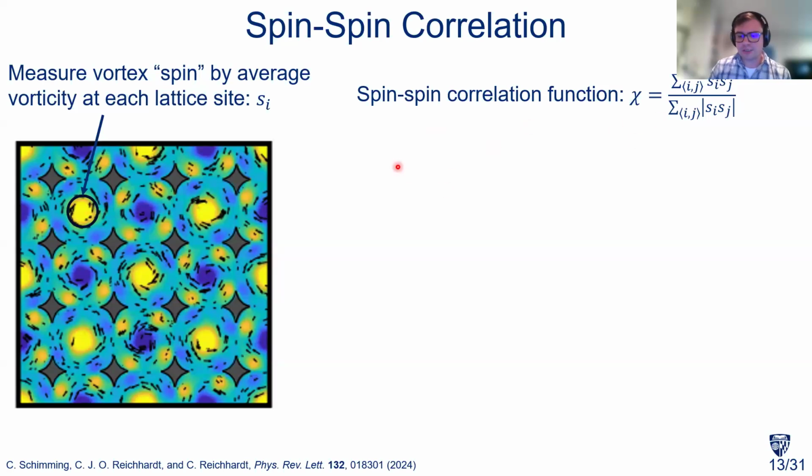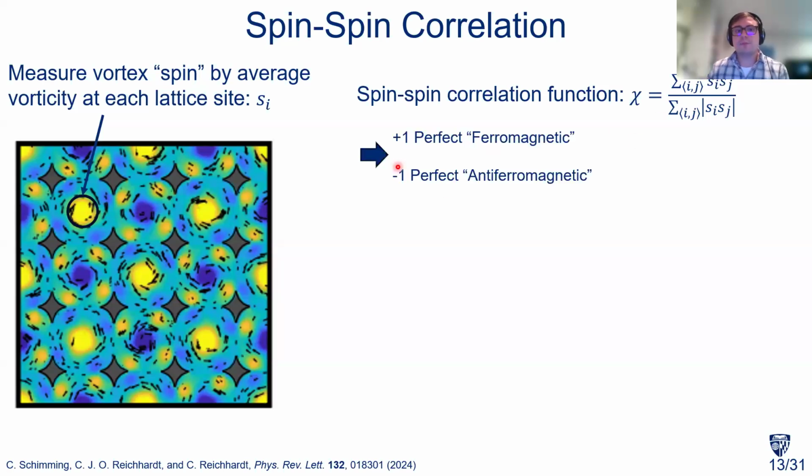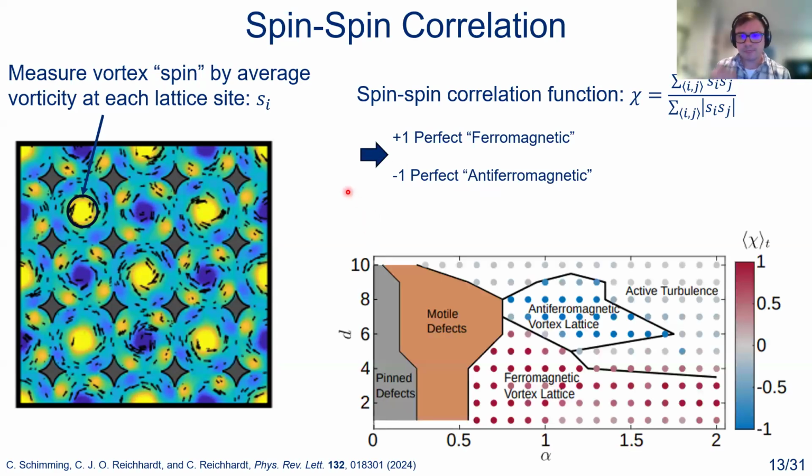So this correlation function is +1 for a perfect ferromagnetic lattice and -1 for a perfect antiferromagnetic lattice. It could be any value in between, but if it's positive, it indicates ferromagnetic order, and negative indicates antiferromagnetic order. We can take time averages of this over our simulations, and that's the color of the dots here, and plot this on a phase diagram like before.